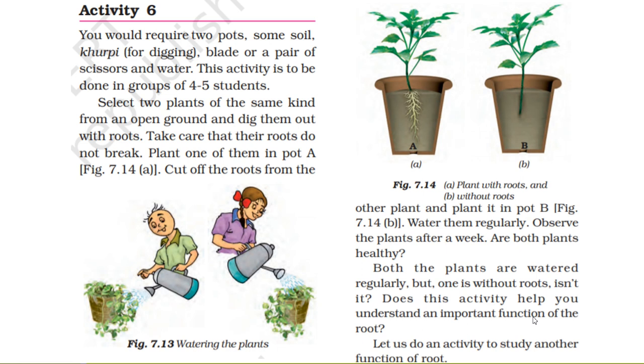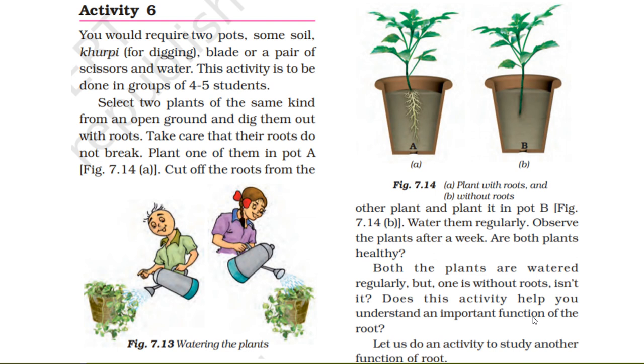So we will take 2 pots now. Now cut the root of one plant, and the plant with roots should be potted in pot A, and the plant without root should be potted in pot B.